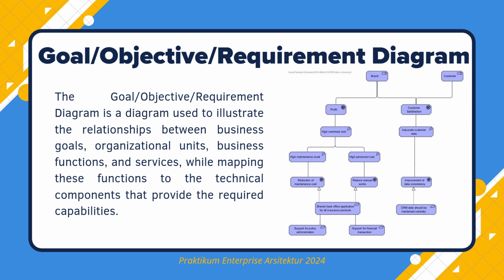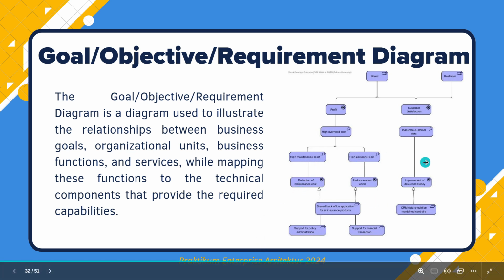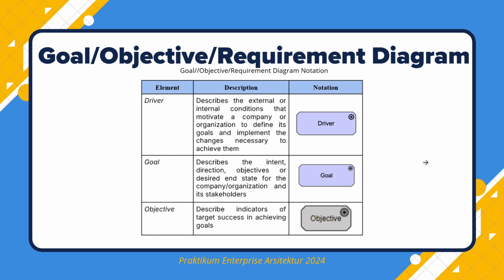After that, the derivative here is a goal, as the final state that the company wants, also supported by requirements as the needs to achieve the desired goal. Next, you can see here the notations used to create a goal objective requirement diagram.